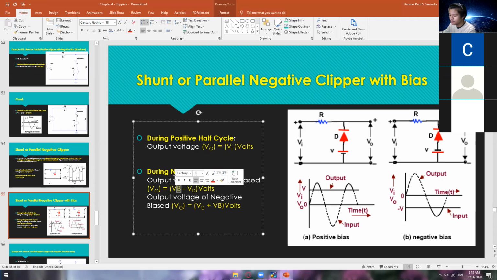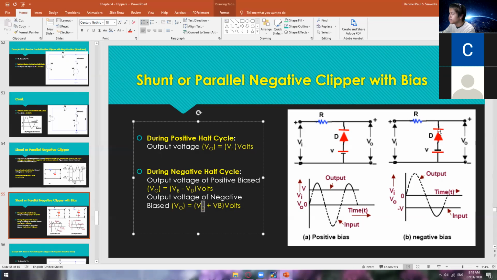So I made some adjustment or correction because the sign of the bias voltage is positive and then the sign of our diode is negative. So VB minus VD. And then for the negative, we have here negative and then negative. So negative, negative.